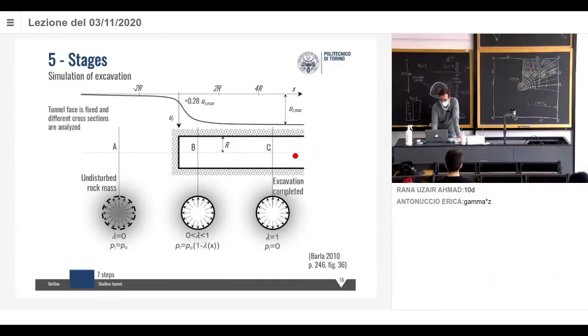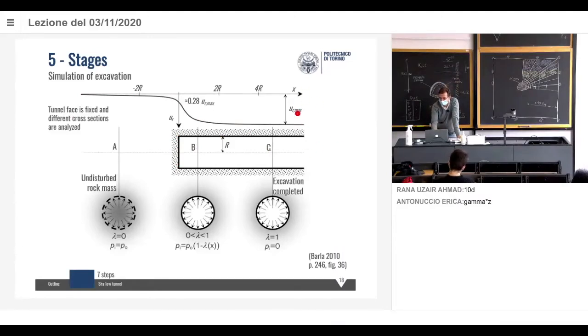So if the tunnel has been excavated in this direction, this is the face, the excavation phase, and this is the tunnel we are excavating. This is what we usually have as the radial displacement around the tunnel. It's 0 if we are here, a lot ahead of the excavation. Of course, there's no excavation, why should we have a displacement?